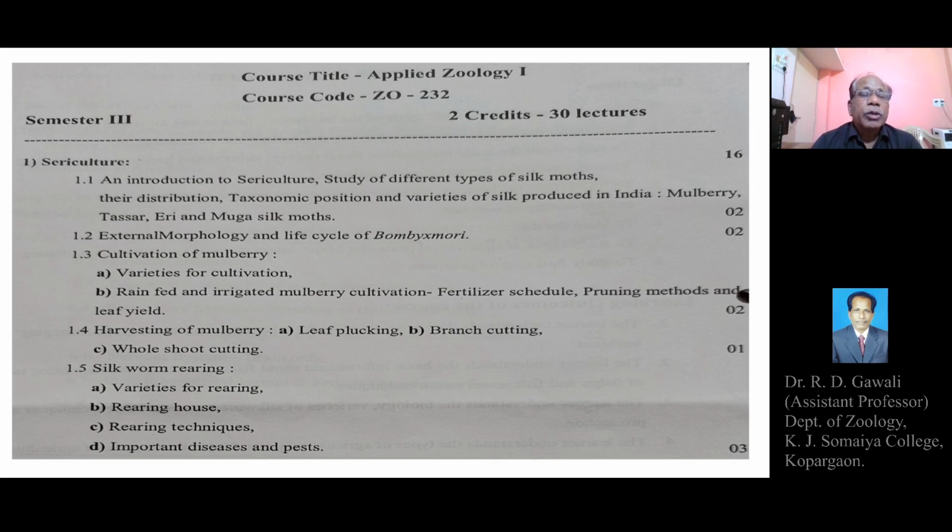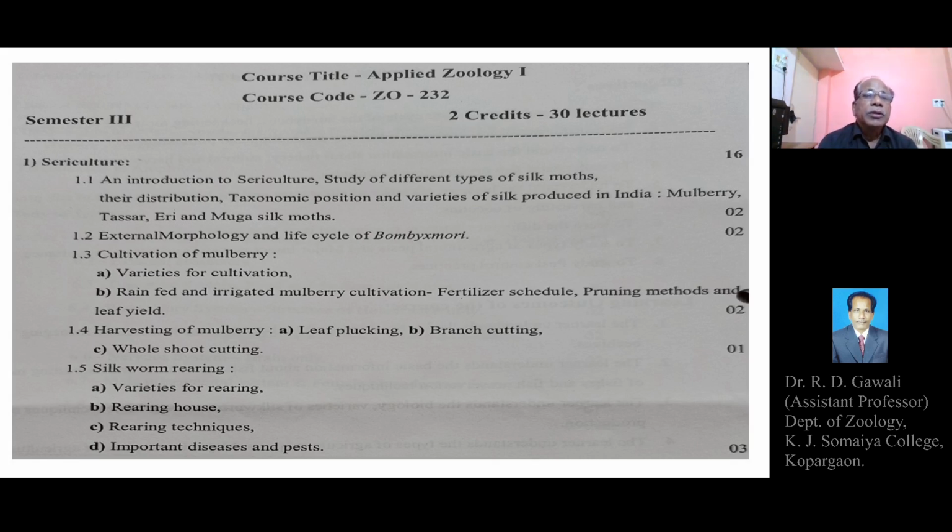Cultivation of mulberry and silkworm rearing are the two agricultural parts of sericulture. So the first part of sericulture, the agricultural part, includes two steps: the first step is cultivation of mulberry and the second step is silkworm rearing.